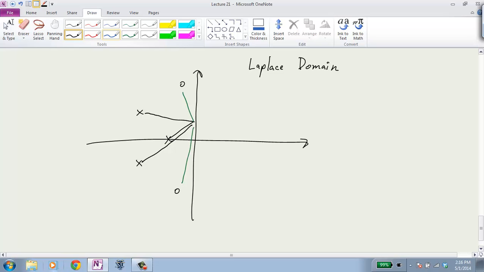For example, we know that at least when it gets near the zero, it's going to kind of dip down. So whatever it is, kind of dips down around here. And if there was a pole near the imaginary axis, then it would go upward near that pole. Right? Okay, this blue line is meant to be a plot along the imaginary axis.